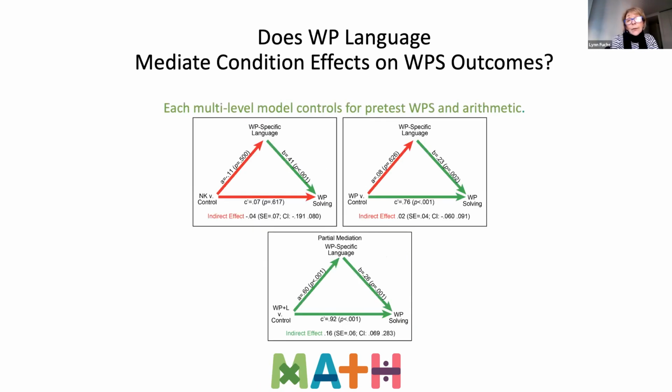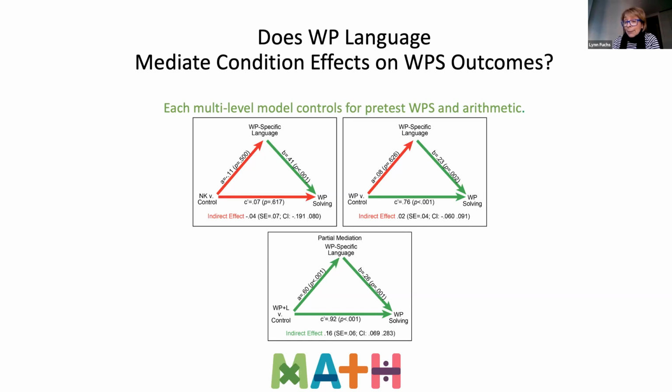So we asked whether word problem language mediates condition effects on the word problem outcomes. So if you look at the bottom panel, what you see is if we're looking at word problem language versus control, that contrast produces a significant difference on the word problem outcome.